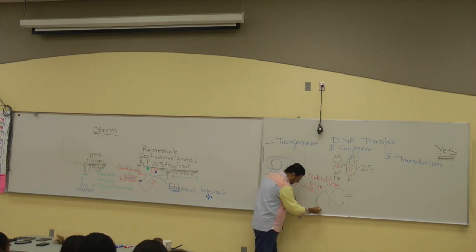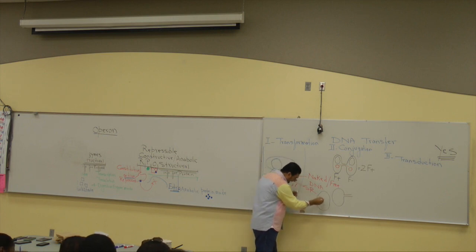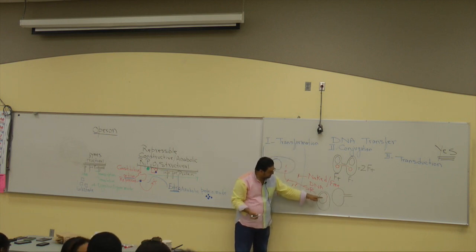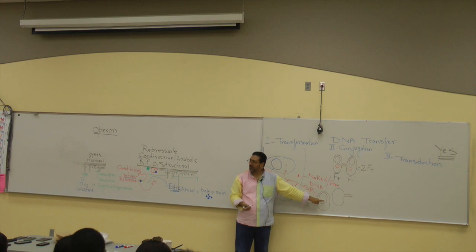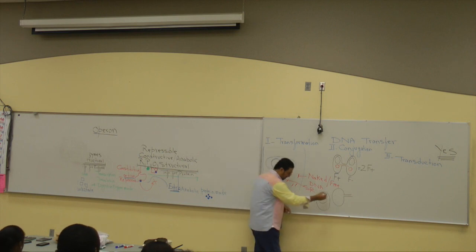Sometimes this F plasmid becomes part of the male chromosome. It's not separate. It always attaches itself at the tail end of the chromosome.